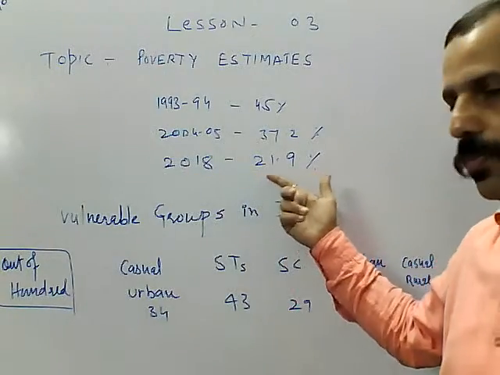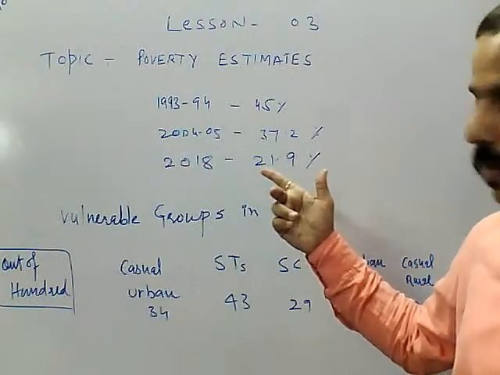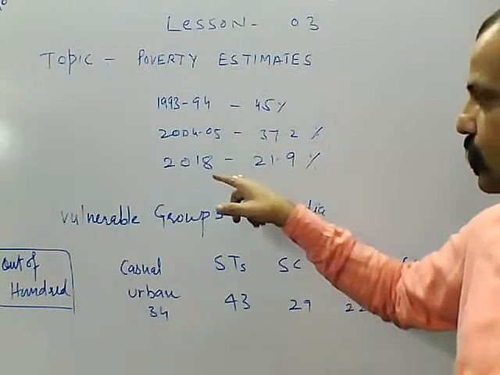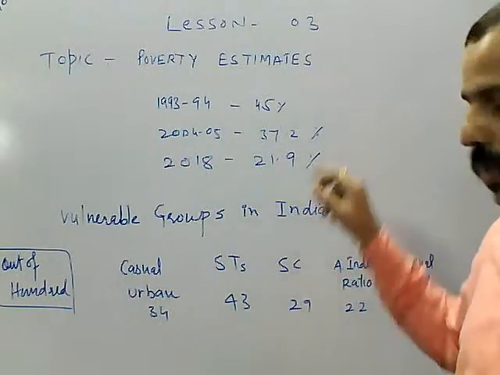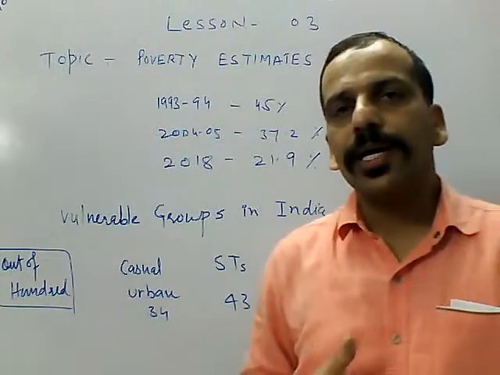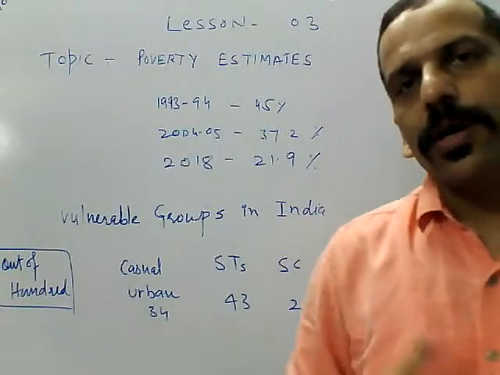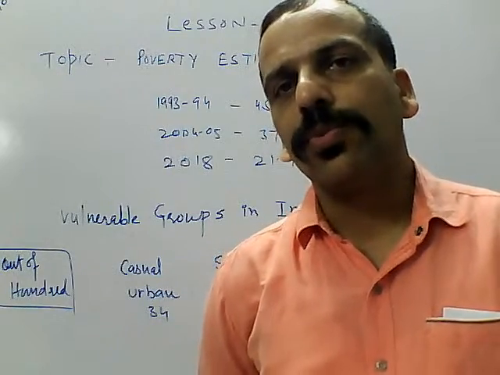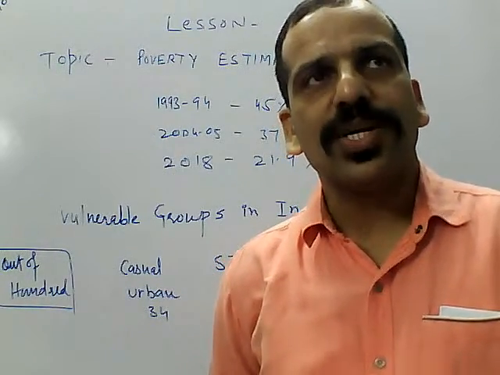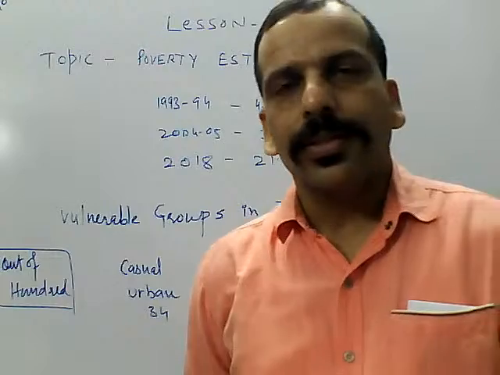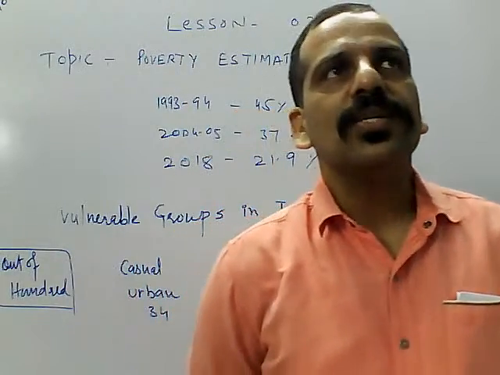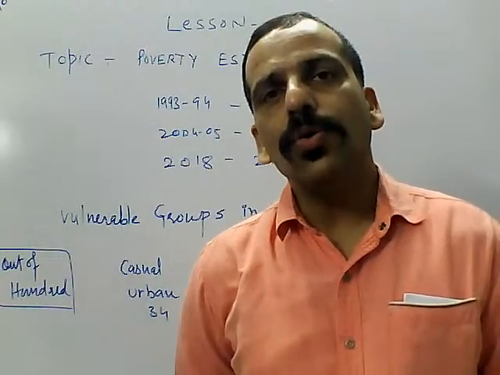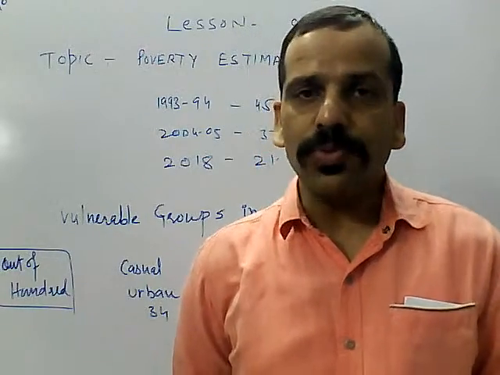So over a period of time, the percentage of the poor in your country keeps on decreasing, because the government of India has introduced a number of programs and policies in favor of the poor people. How to reduce this percentage? For that, the government is continuously putting in efforts and introducing new policies from time to time.